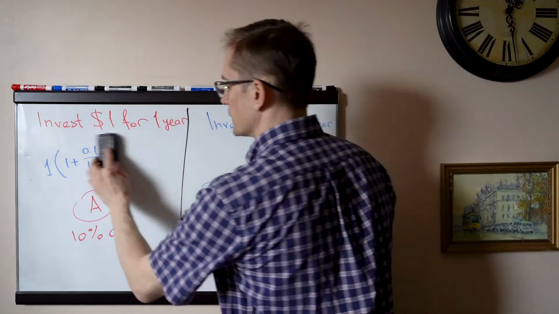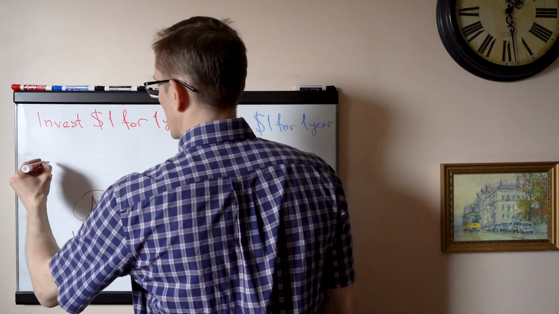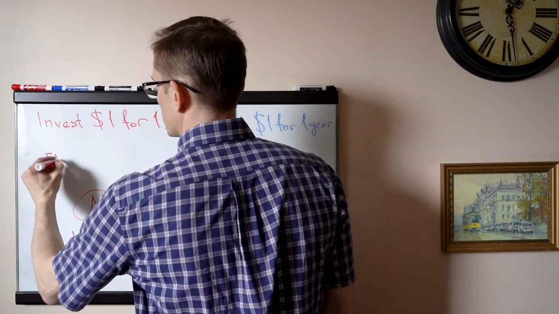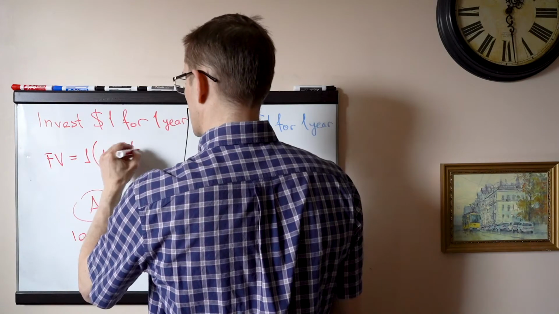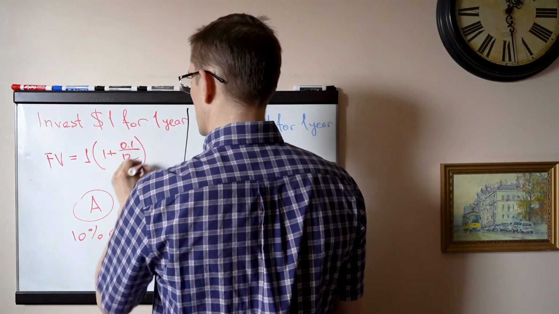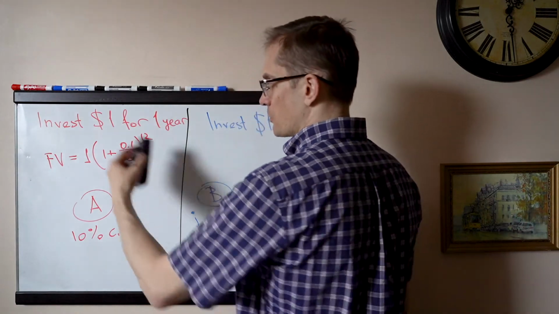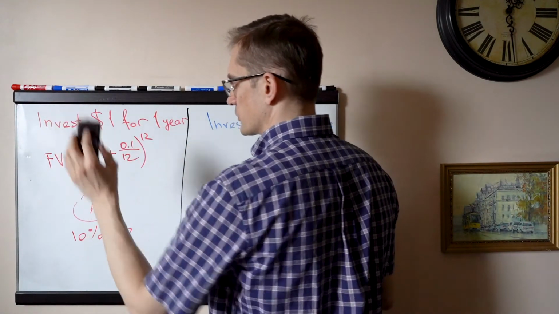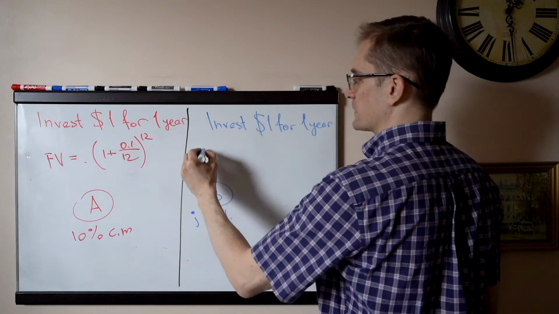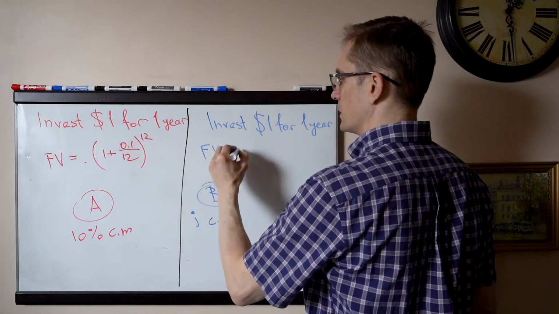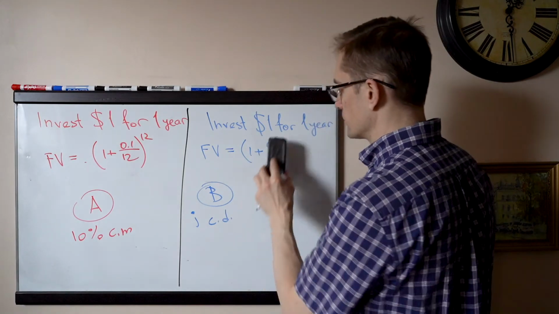Actually, I should have used the red marker here. So, and I'll just do this one. It's $1, 1 plus 0.1 divided by 12. Because multiplication by 1 doesn't change anything, you can just remove this one. And here I have the same thing. Future value will be 1 plus I, right?